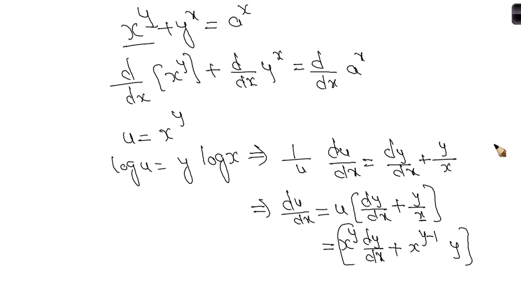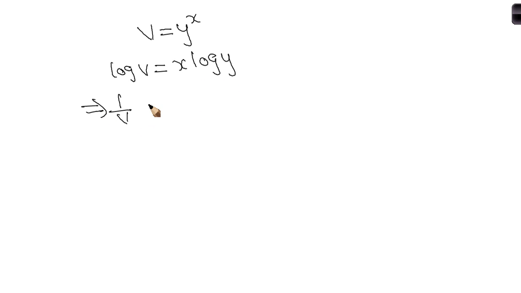Okay. The next step would be to find the derivative of y power x. Let v is equal to y power x. Again apply logarithm on both sides. So log v is equal to x times log y. Differentiating both sides with respect to x, we get 1 by v into dv by dx is equal to x derivative is 1, so it becomes log y plus x by y into dy by dx.